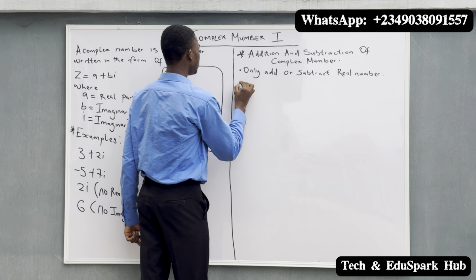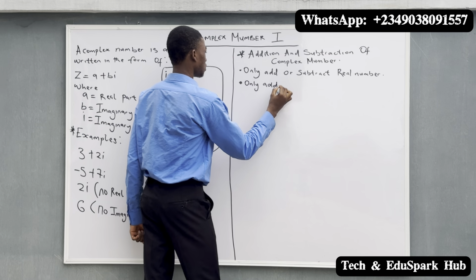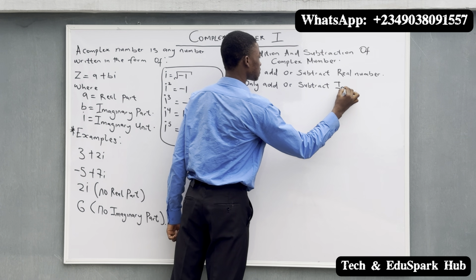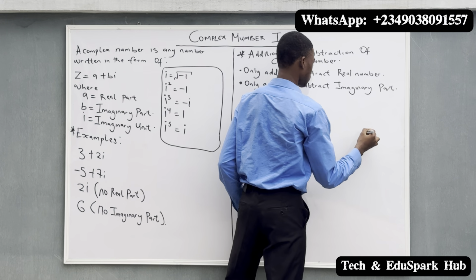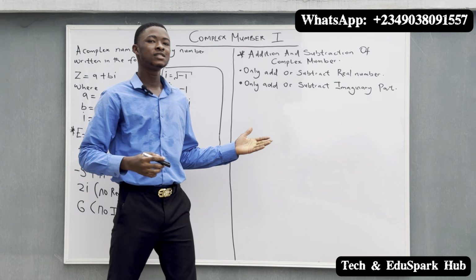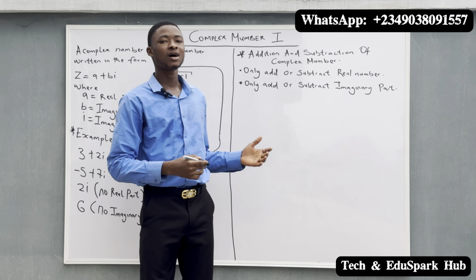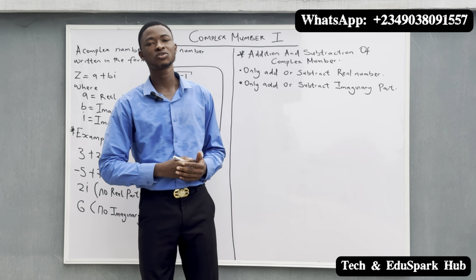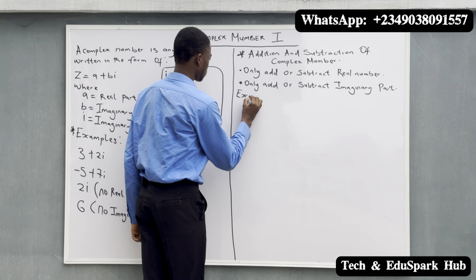And also you can only add or subtract imaginary parts together. So this is the basic thing to note about the addition and subtraction. So let's look at some examples under this addition and subtraction of complex numbers.